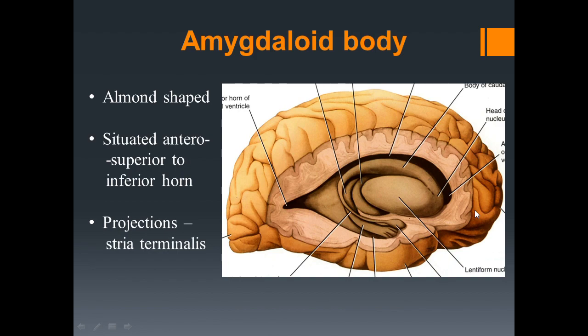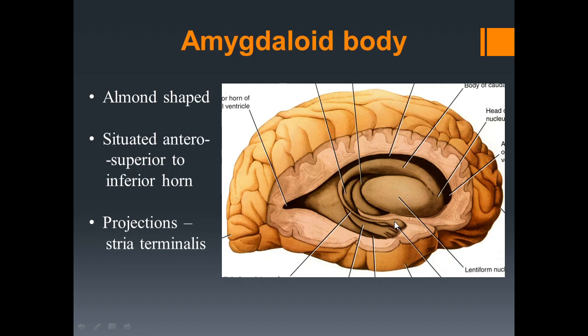Then the third part of the basal ganglia is the amygdaloid body. Now here this is the amygdaloid body. It is almond shaped and it is situated antero-superior to the inferior horn of the lateral ventricle. This is the inferior horn of the lateral ventricle, and this amygdaloid body lies superior to it.